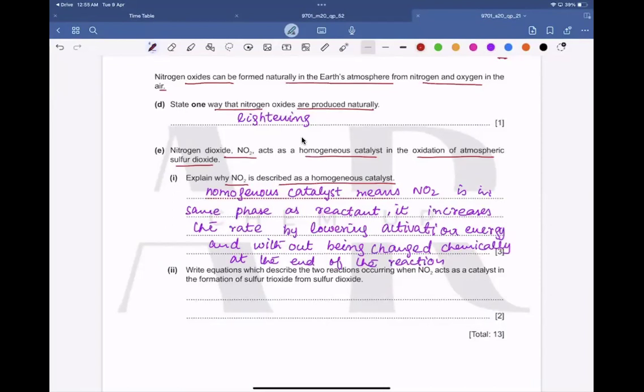Now, write the equations which describe the two reactions occurring while NO2 acts as a catalyst in the formation of sulfur trioxide from sulfur dioxide. So if you recall the two reactions, the first one is SO2, sulfur dioxide, reacting with nitrogen dioxide forming sulfur trioxide, SO3, and nitrogen monoxide, NO. It froze again. Let me reshow it.